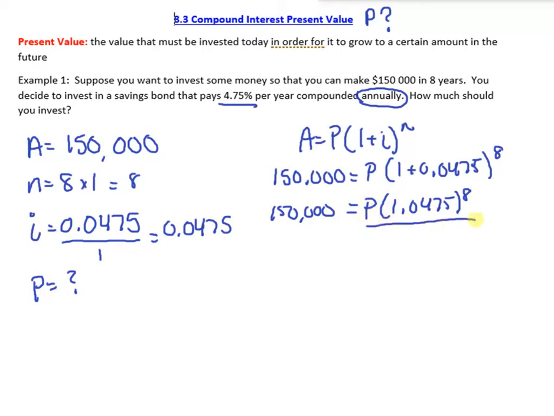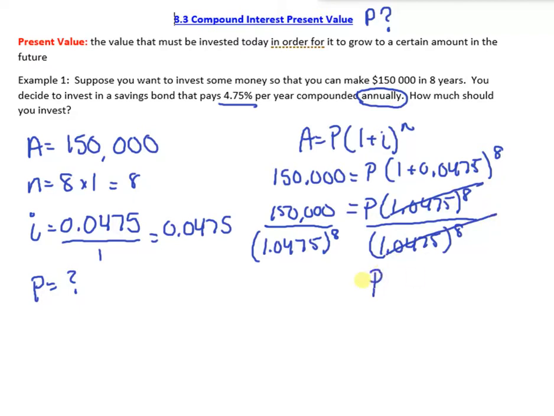We need the P by itself. We need the principal. What principal do I have to invest today in order to get this much money tomorrow? So I'm going to divide both sides by this decimal, 1.0475 to the 8, so that those two cancel out.